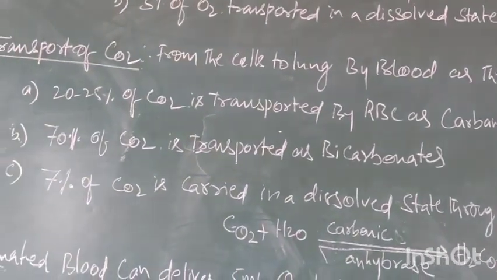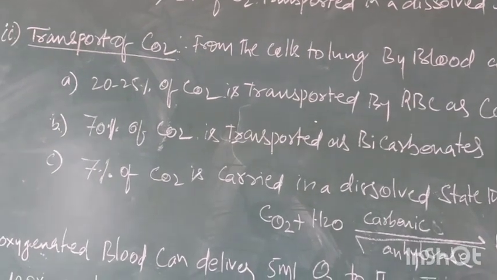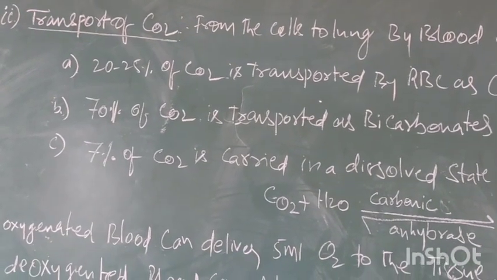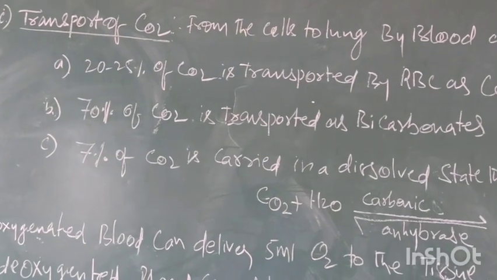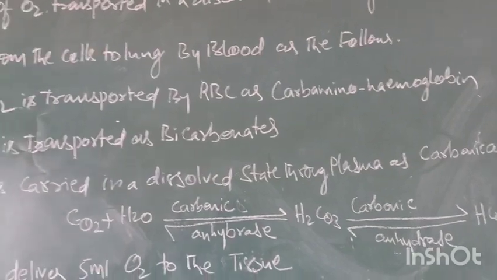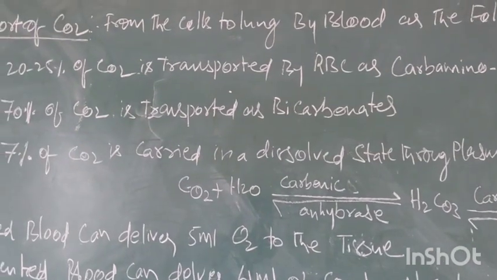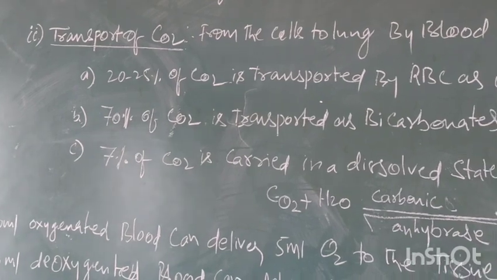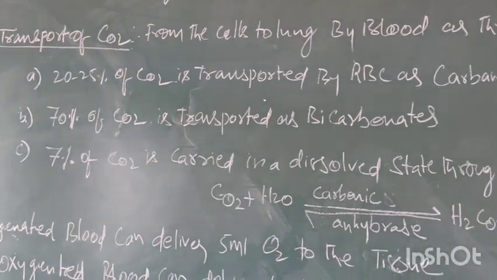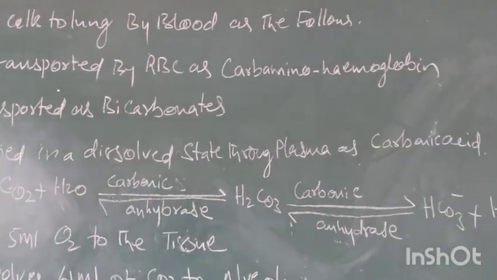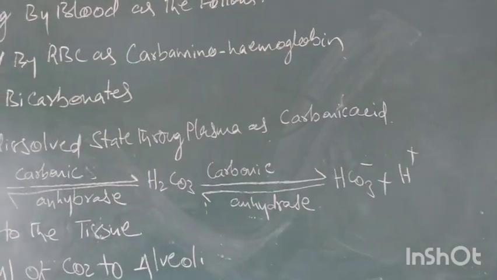This is 25% maximum, not less than 20%. But the maximum amount of CO2, that is 70%, is transported as bicarbonates. The remaining 7% only is carried in dissolved state through plasma as carbonic acid.